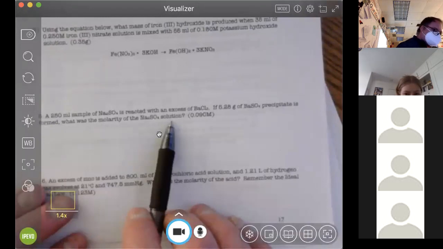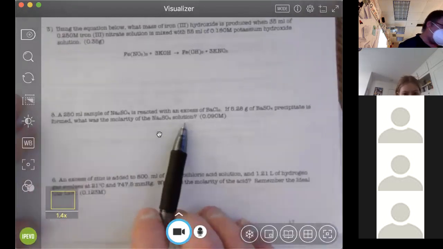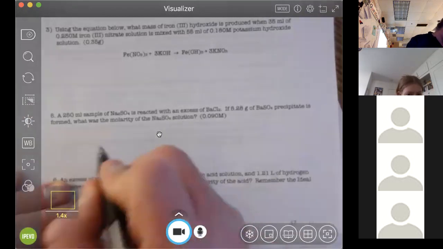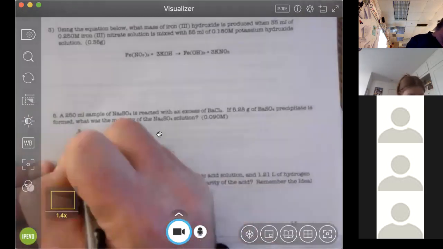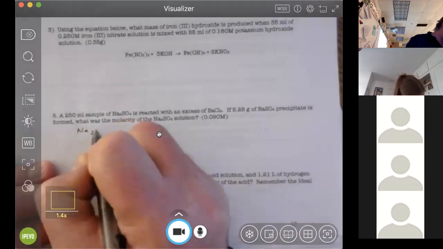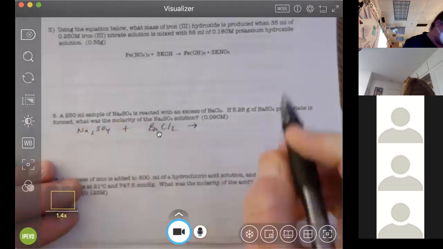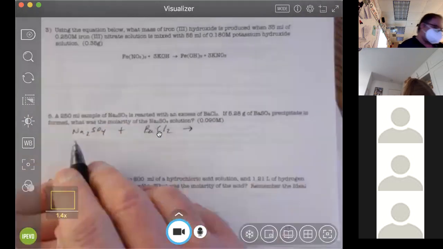Number 5 right here wants to know the molarity. Did they give us a balanced equation? It didn't look like it, so we need to make one: Na2SO4 plus BaCl2 yields. What type of reaction is this?